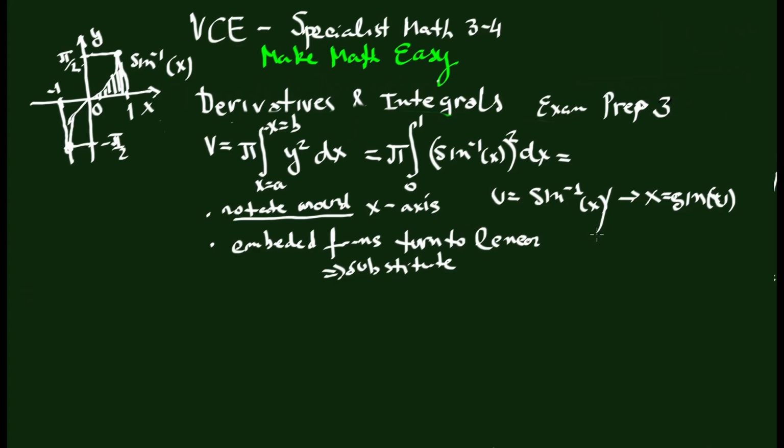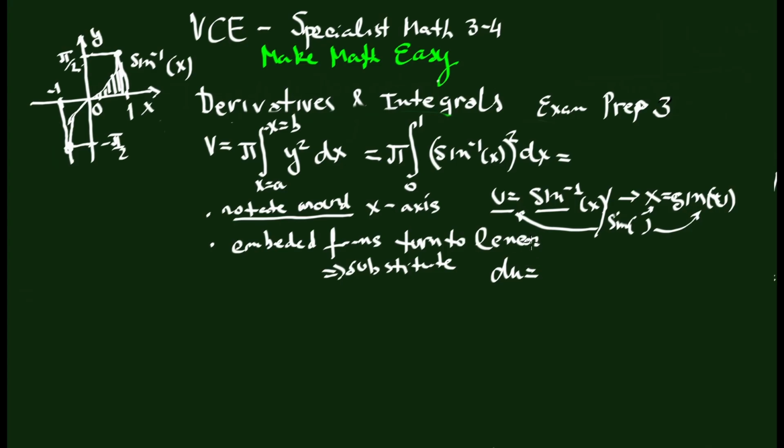So we need to apply sine on both sides. So you get sine here and sine here. Sine is the opposite of sine to the power minus 1, so you get just x, and on the other side you get u.